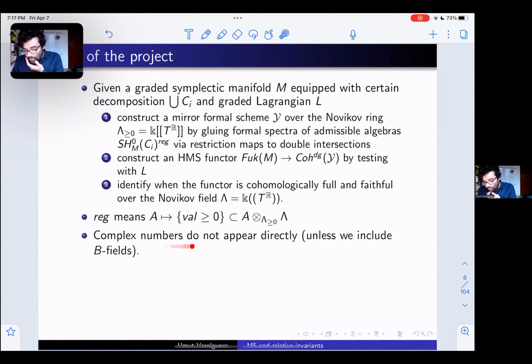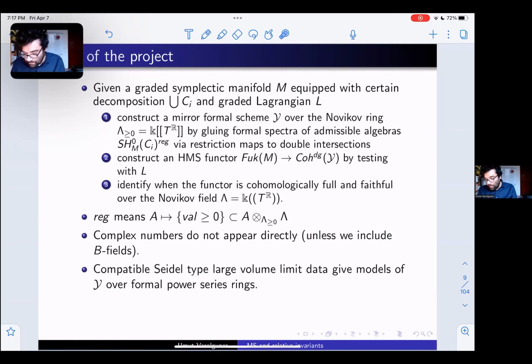Okay, so the complex numbers don't appear in the story directly. It only appears after you want to process what you constructed, if you want, in the algebra. And most people are unhappy with this kind of non-Noetherian ring.